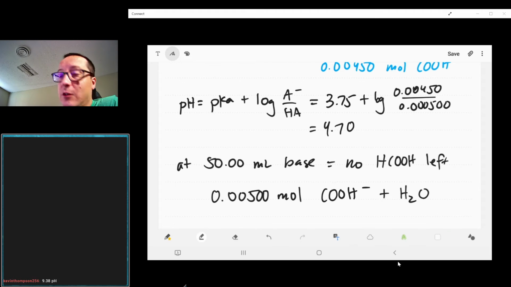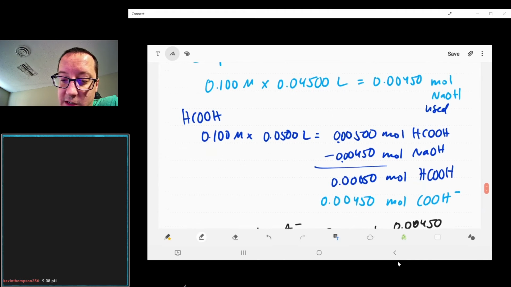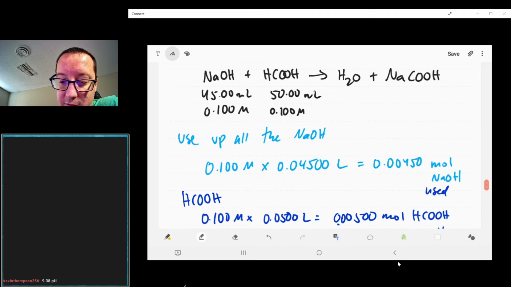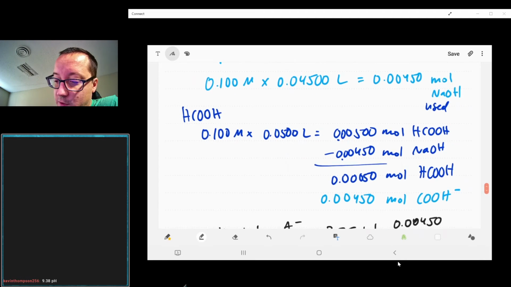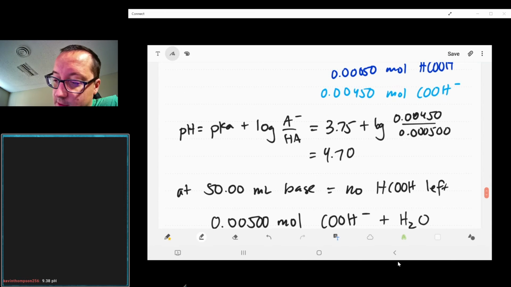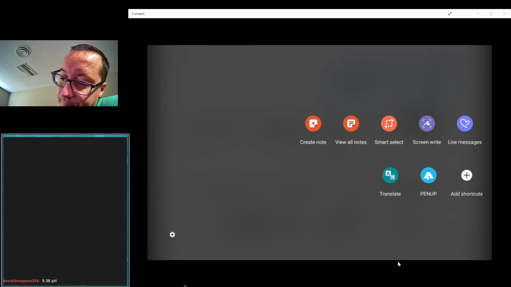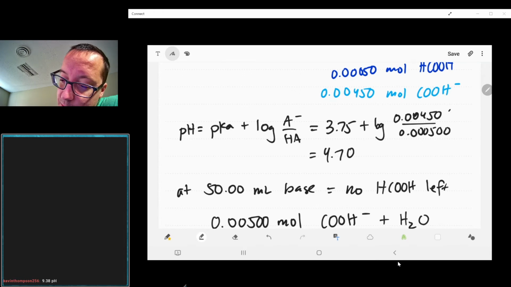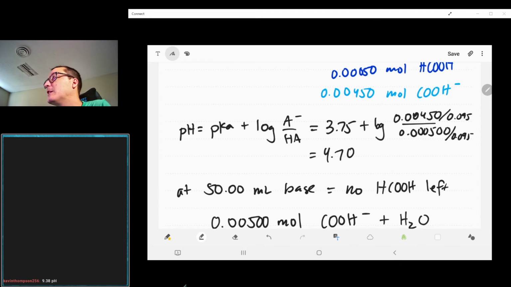Wait a second. I used moles instead of concentration, didn't I? Shame on me. We should have converted these to concentration. Let's do that real quick. So these were both over 0.095 liters. All right, let me fix that. Let's see if this changes our pH.